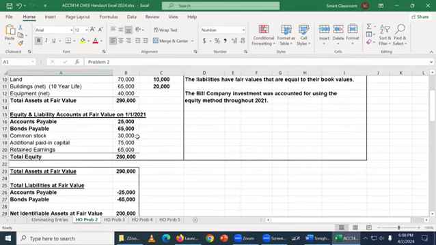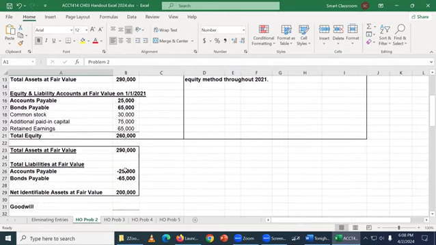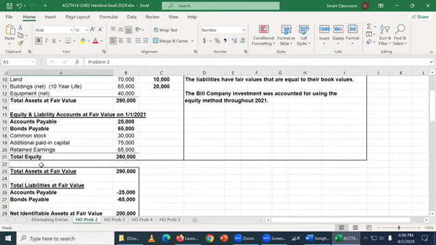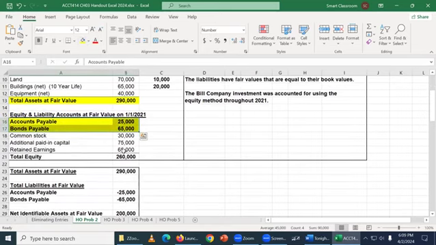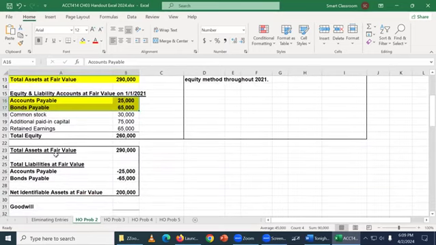Okay, and down here we get the calculations for what this company is worth, the identifiable assets. So we take the fair value of the assets and the fair value of the liabilities, and we're going to come up with a fair value of the identifiable assets.